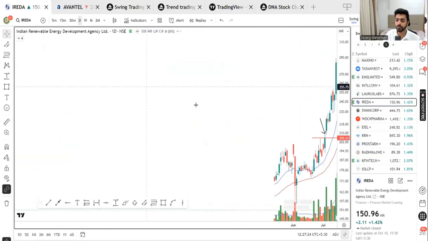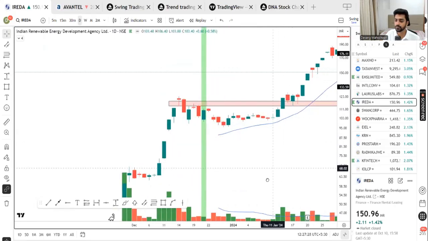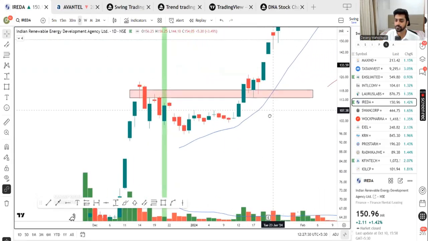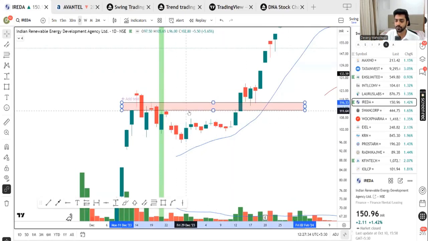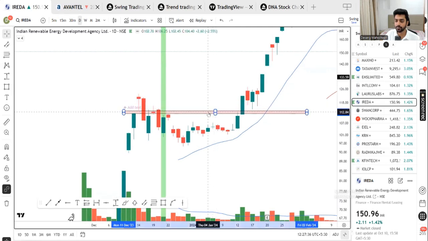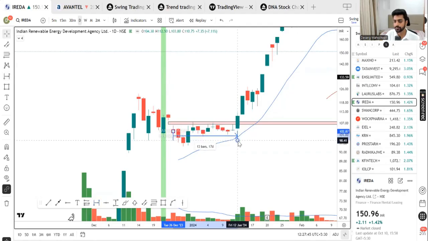Okay, see this IRDA. Now, which kind of base is this one? Can we shift it from here to here? Can we shift it here?